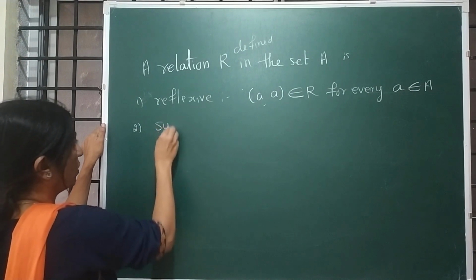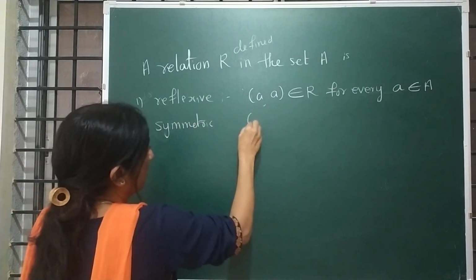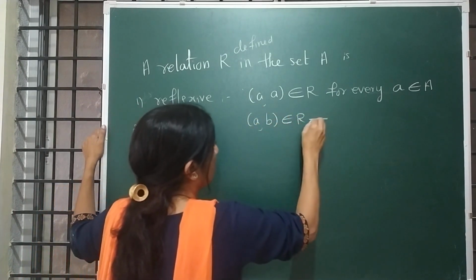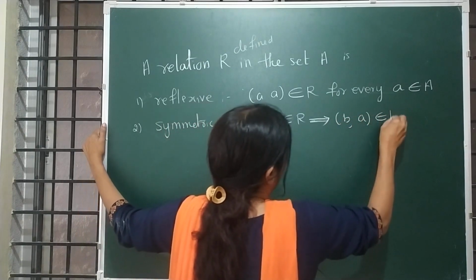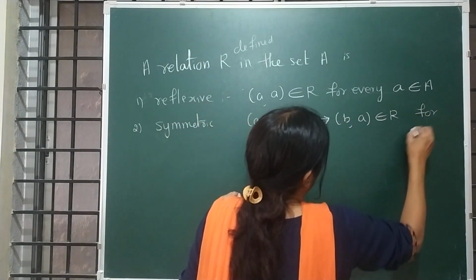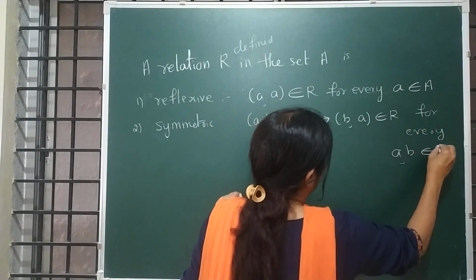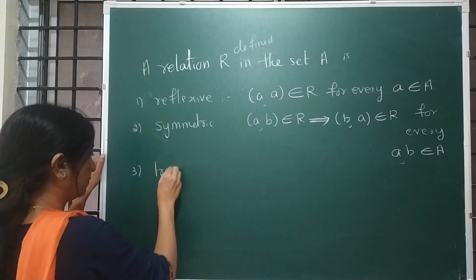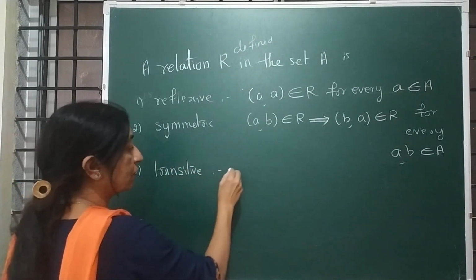Second one is what? Symmetric. Symmetric means: if (A, B) belongs to R, it implies its reverse (B, A) belongs to R, for every (A, B) belonging to A. Then the third one, transitive. What is transitive?